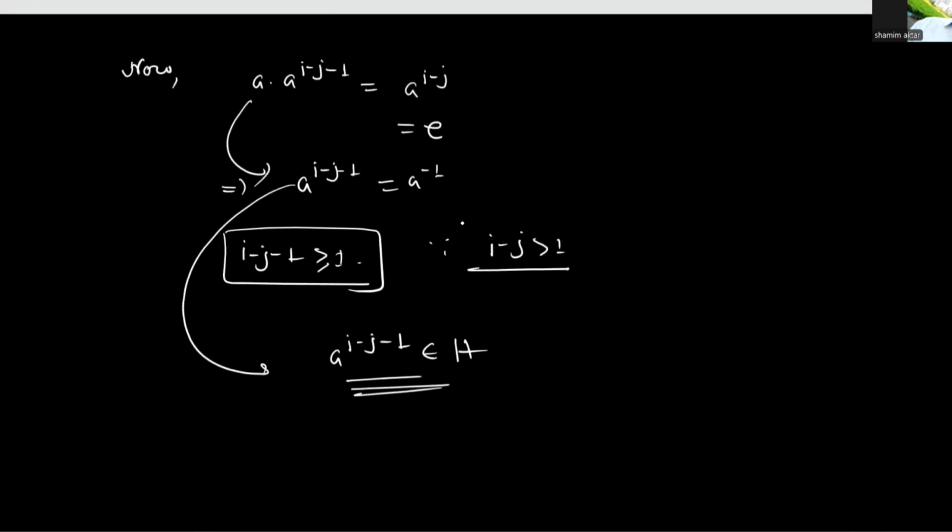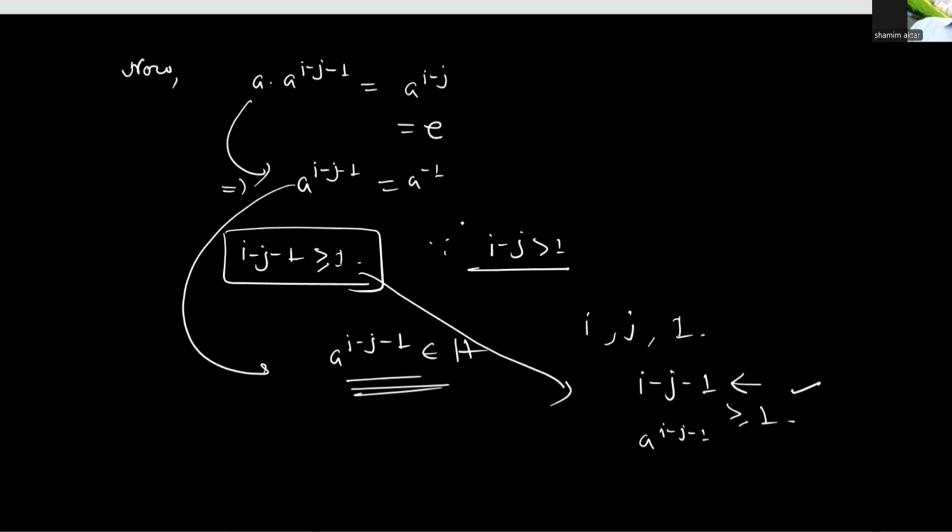Here i is an integer, j is an integer and 1 is also an integer, so i minus j minus 1 is also an integer, and this is greater than or equal to 1 from here. So that means a to the power i minus j minus 1 is a member of the sequence, so it must belong to H. So this implies a inverse belongs to H, because a to the power i minus j minus 1 equals a inverse.